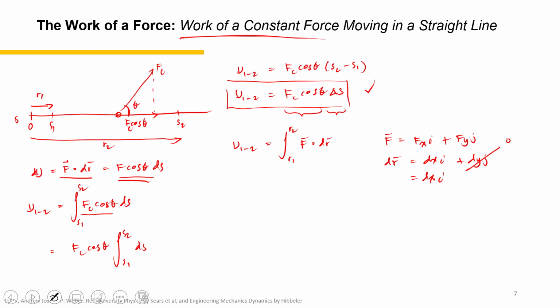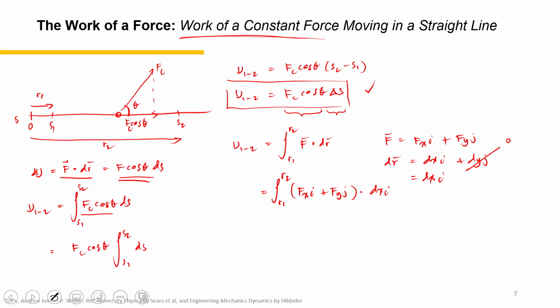So now we have equations for force and position. We are now ready to plug them in. So this would be the integral from R1 to R2 of (Fx i plus Fy j) dot dr, which is dx i.